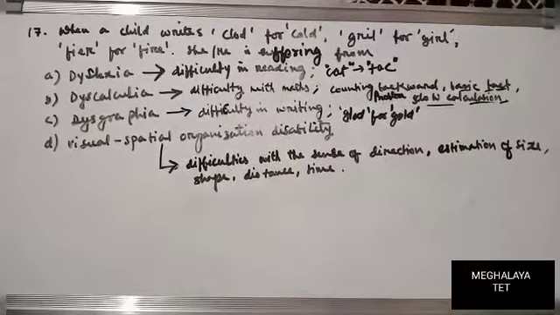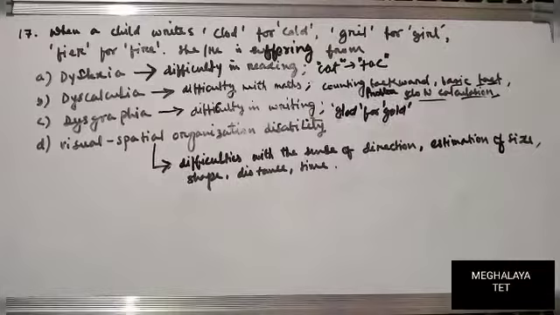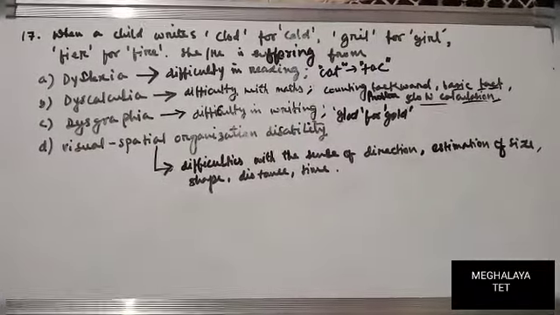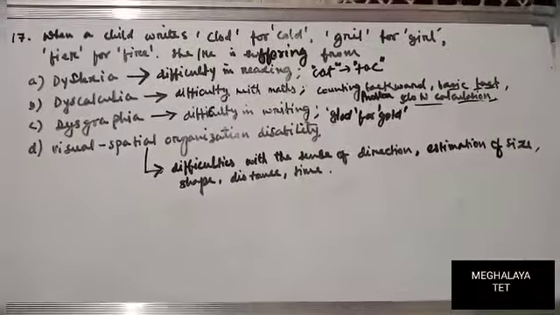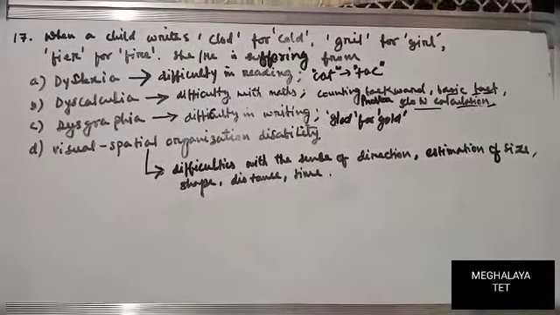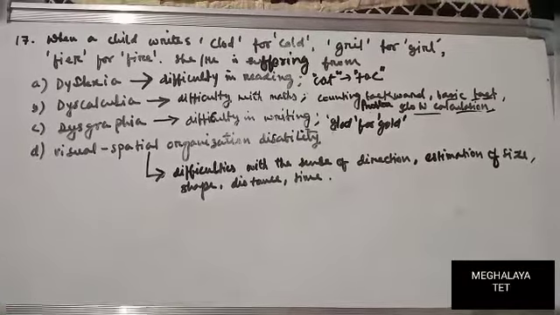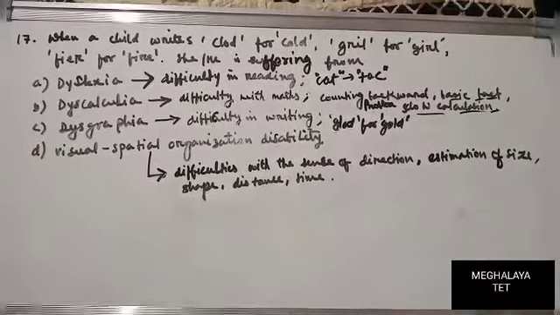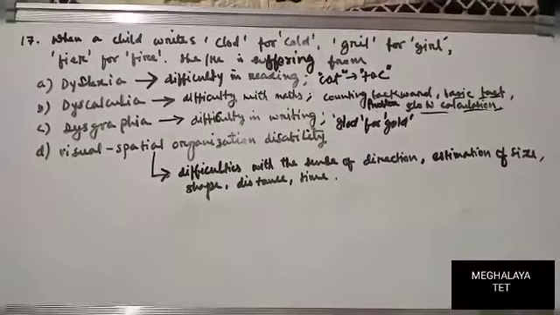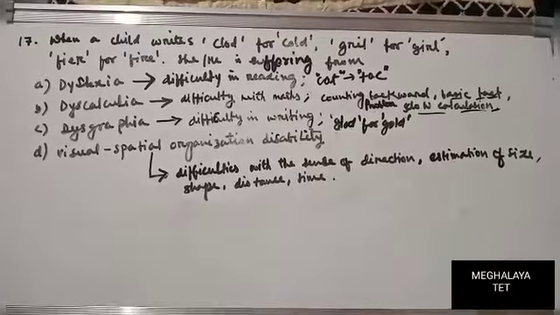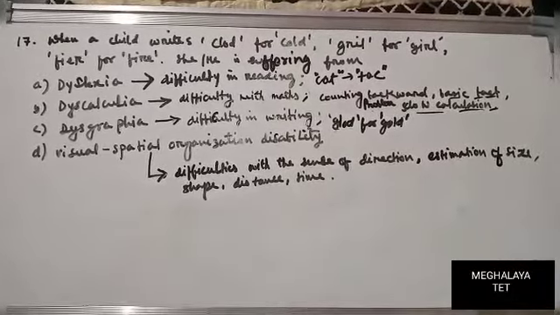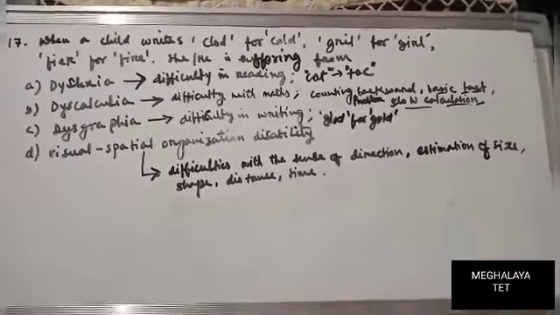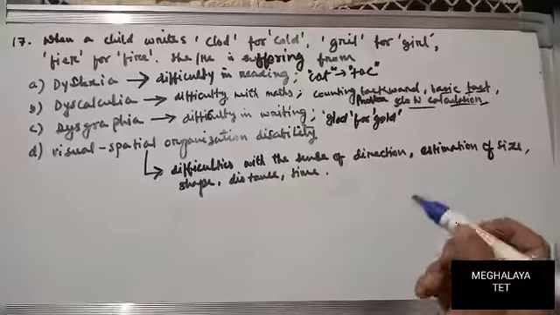So the third option is dysgraphia. What happens in dysgraphia is a disorder in writing, or difficulty in writing. When they used to write gold, they write GLOD, glot, just the order of the word is displaced. And in visual spatial organization disability, they have difficulty with the sense of directions, east west north south.